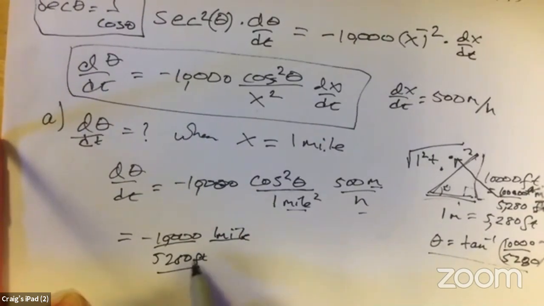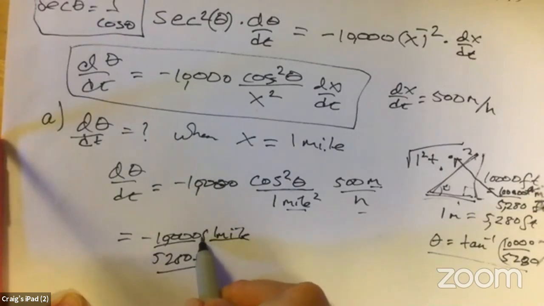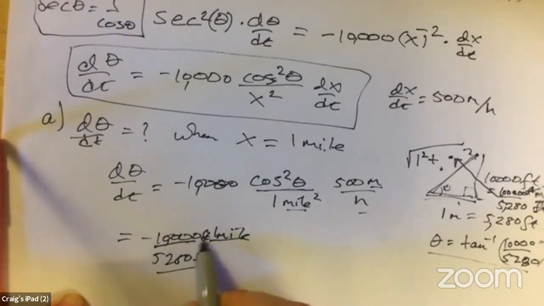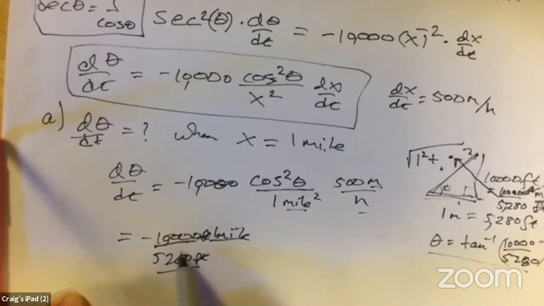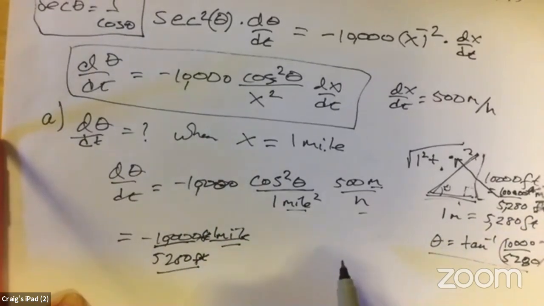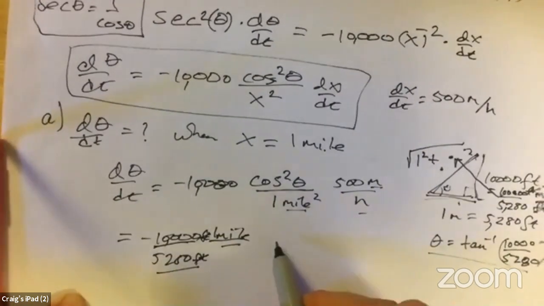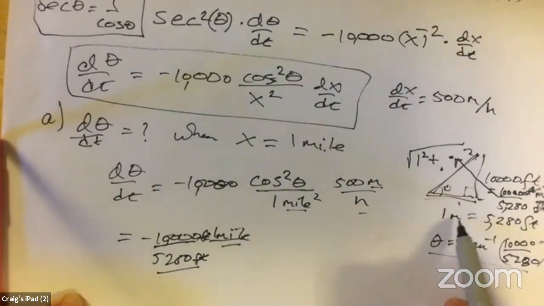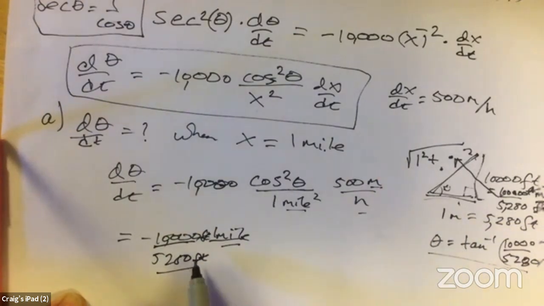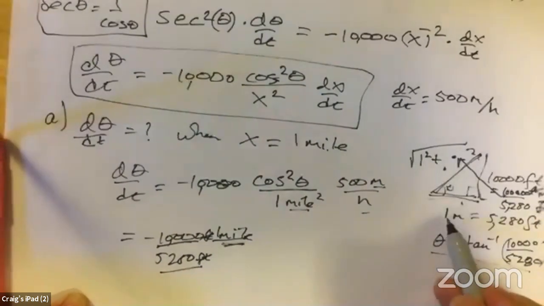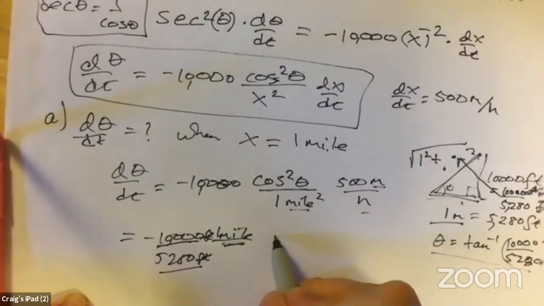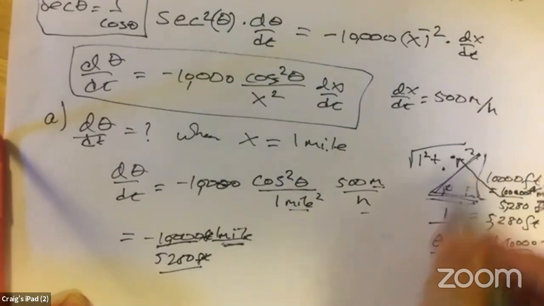That's just one thing, so I can just throw that on. And then minus the 10,000 feet, they cancel the feet, and I just have minus around 2 miles is what we get here. And now the cosine squared of theta is in terms of miles, it's just adjacent divided by hypotenuse.